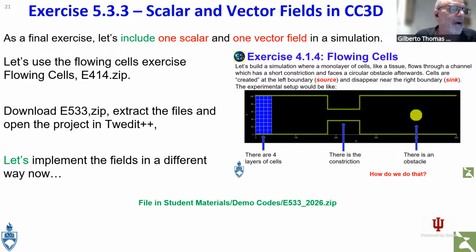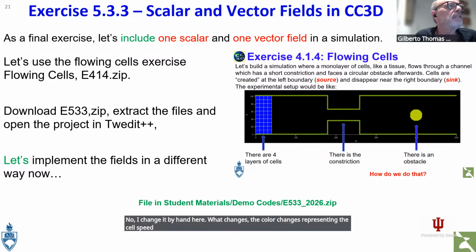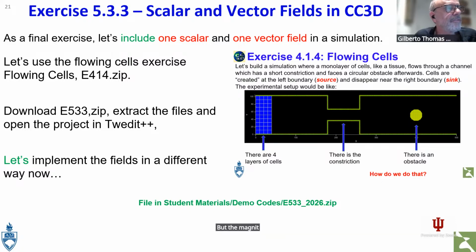No, I change it by hand here. What changes is the color, representing the cell speed, but the magnitude, the length of the arrow, doesn't change. What measures the speed is the color. Okay, so come back here.